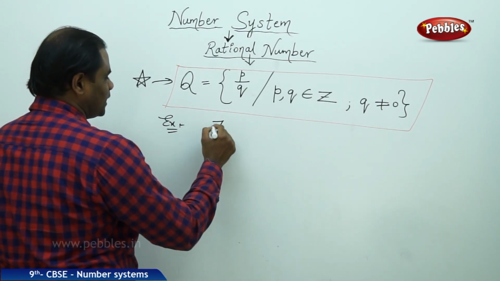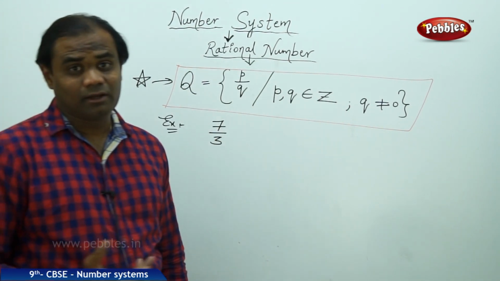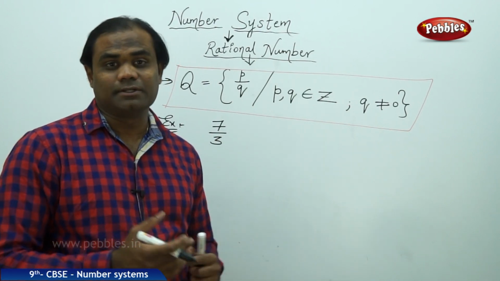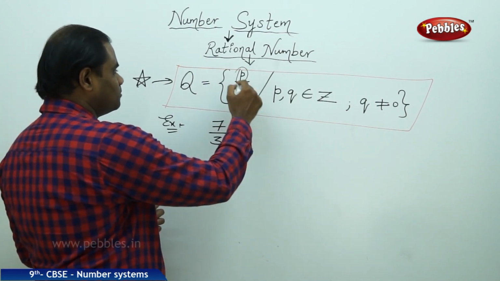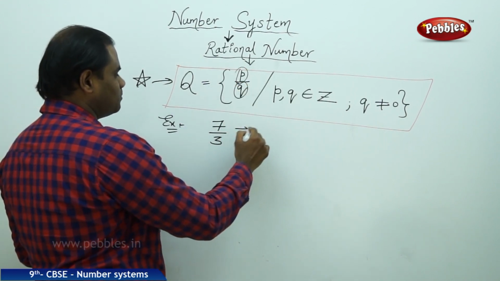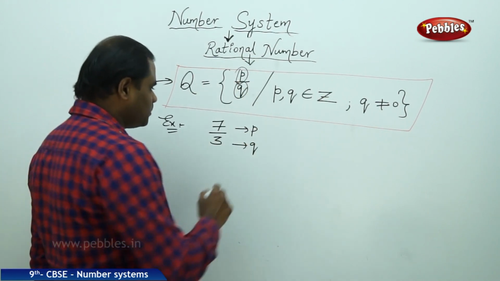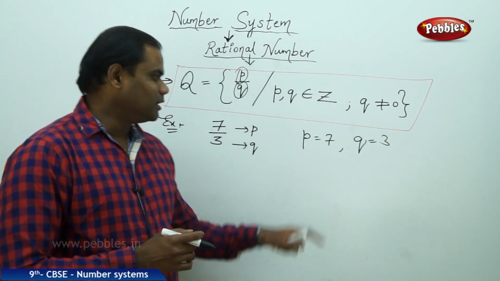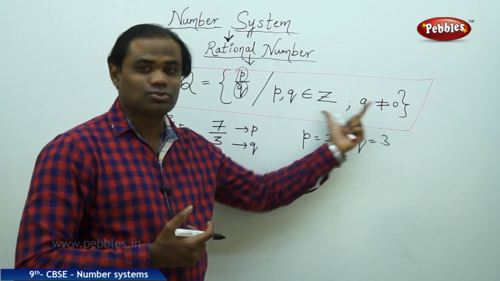For example, I have 7/3 and I want to justify whether this number is a rational number or not. So I initially classify it in the form P by Q, where my P is 7 and my Q is 3. So P is equal to 7 and Q is equal to 3, justified through these two conditions.